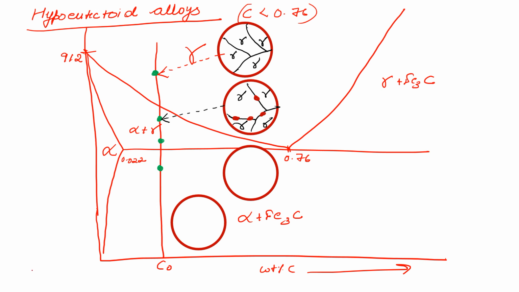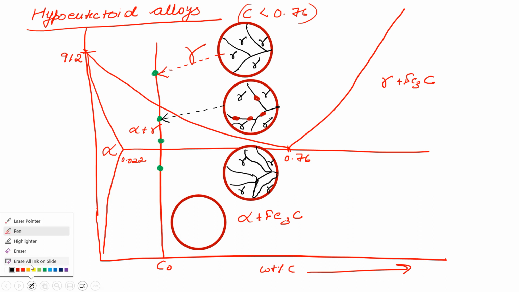Okay, and if we go on cooling it further, we'll have certain enlarged regions corresponding to both the phases. So the alpha phase, the pro-eutectoid alpha phase, will have grown so much such that we have higher phase fraction of alpha. So this is alpha.